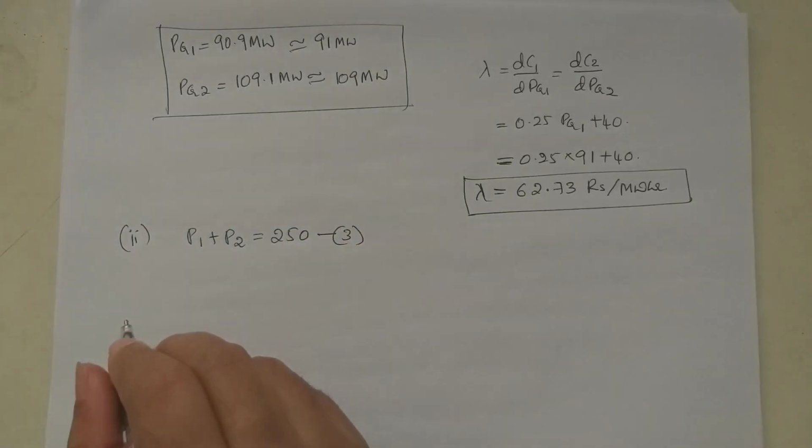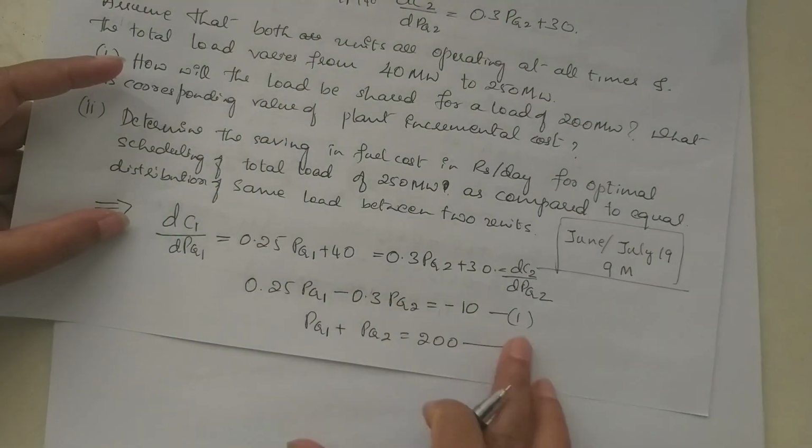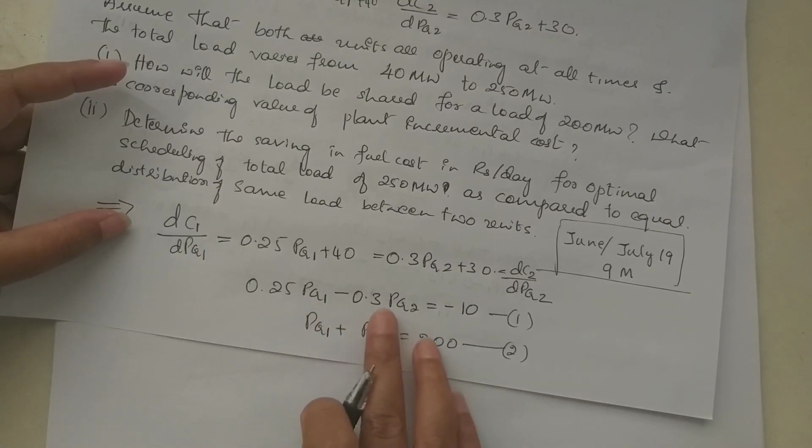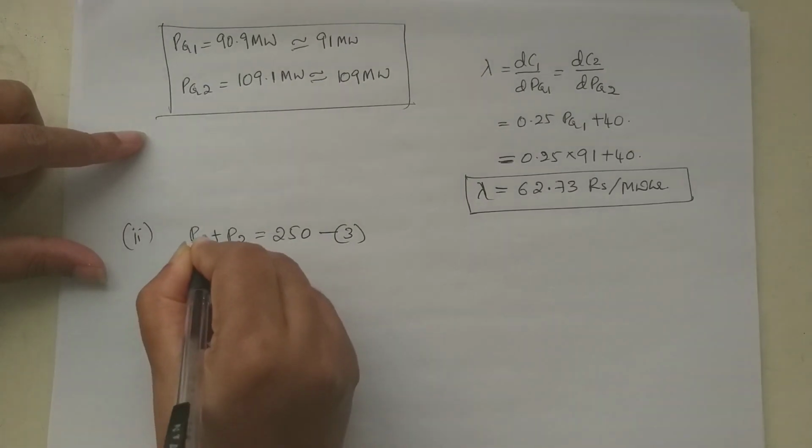And also from these two incremental costs we get 0.25 Pg1 minus 0.3 Pg2 is equal to minus 10.